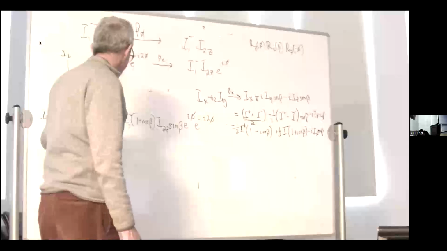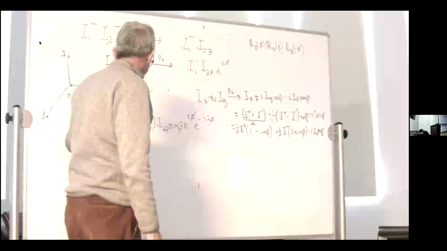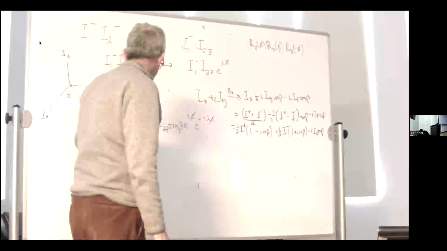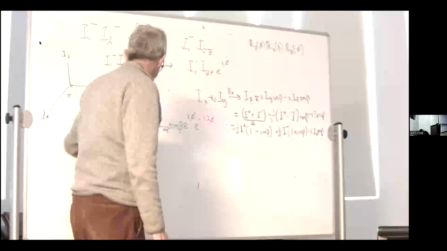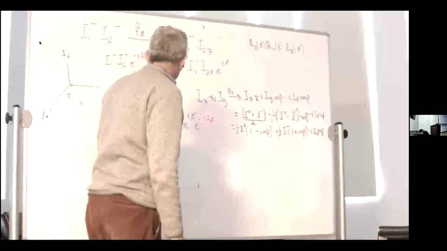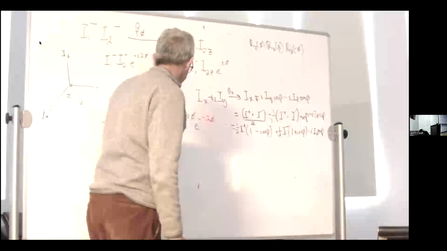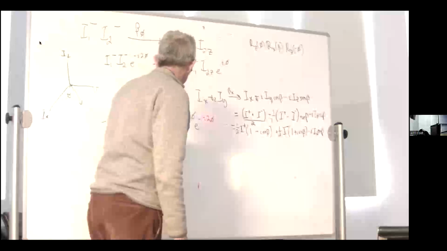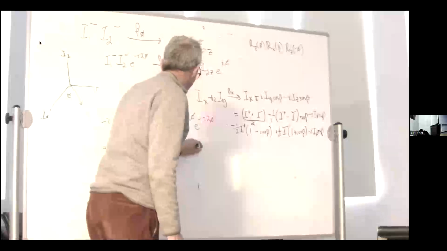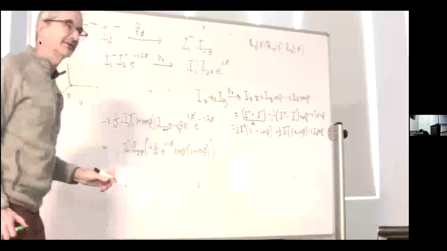Now we have 1/2 I1 minus I2z. Actually, I'm going to put the half over here. Then we have minus i over 2 e to the minus i phi sine beta, 1 plus cosine beta, if I did everything correctly.